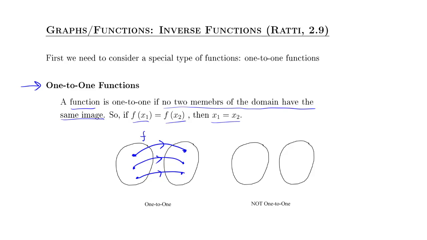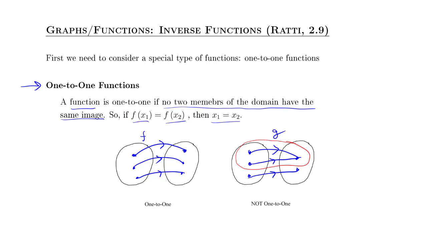Just as it says, 1 in the domain goes to 1 in the range. Now something like this is still a function, but it is not one-to-one because we have these two inputs going to one output there.